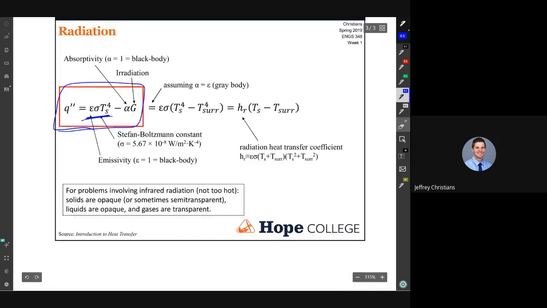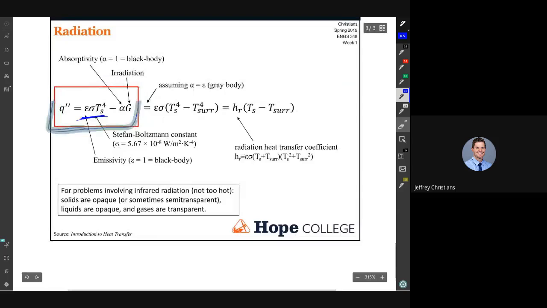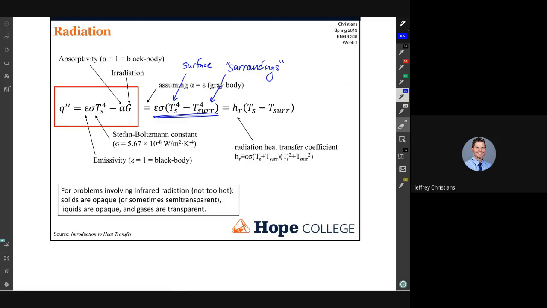So that's how you end up with an equation like this, where you have the surface, and this is what we call the surroundings. And we'll go through and figure this out in more detail.